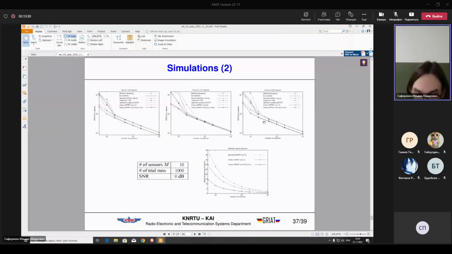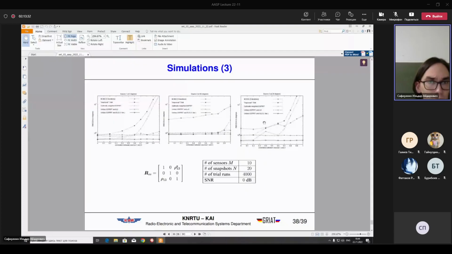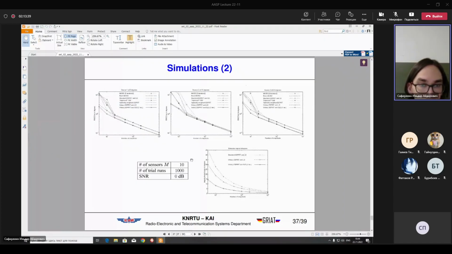For the last results, we fix our signal to noise ratio to 0 and reduce the number of overall simulations to 1,000.